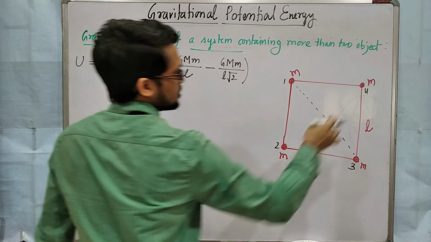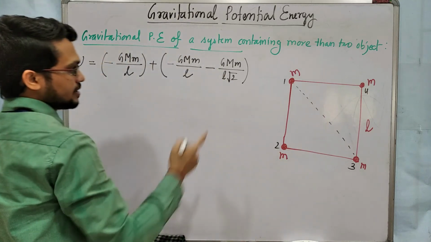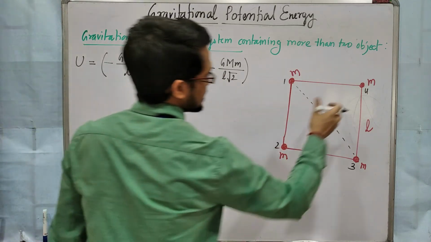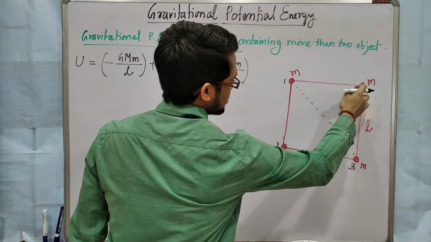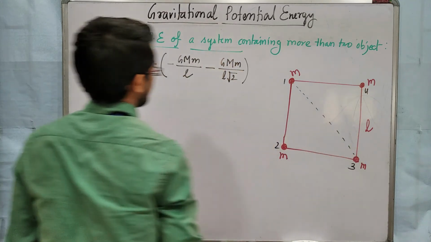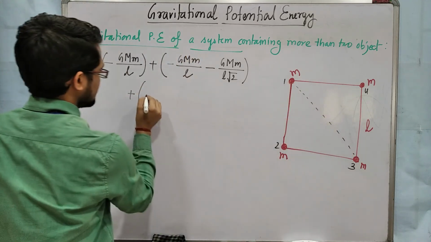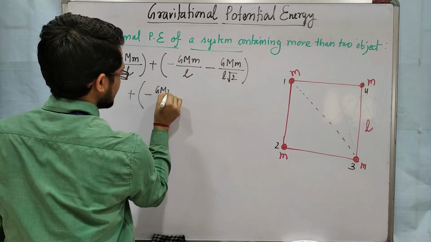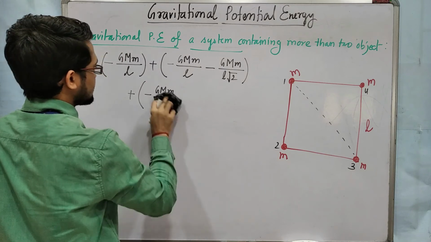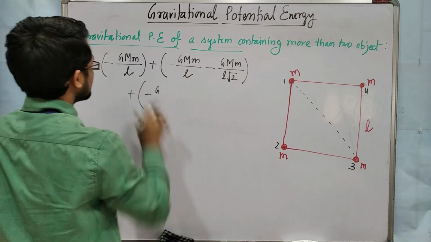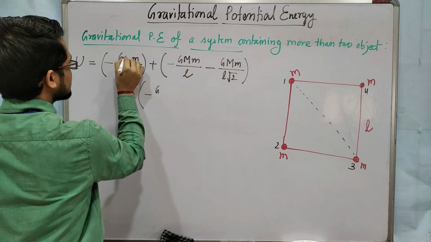Now bring the fourth object. When we are bringing the fourth object, then find the combinations: 1 4, 4 3 and 4 2. So plus, for 1 4, minus G m m by L. Here all the masses will be small m.